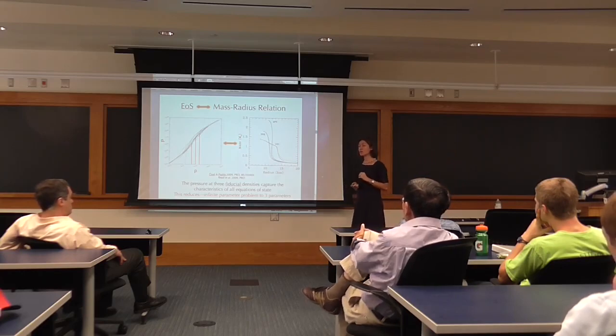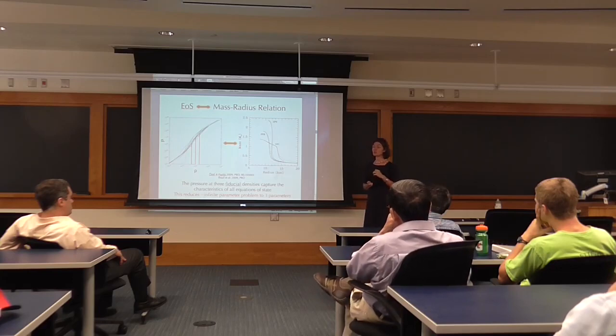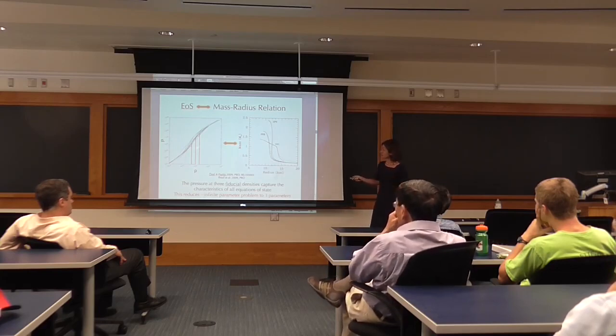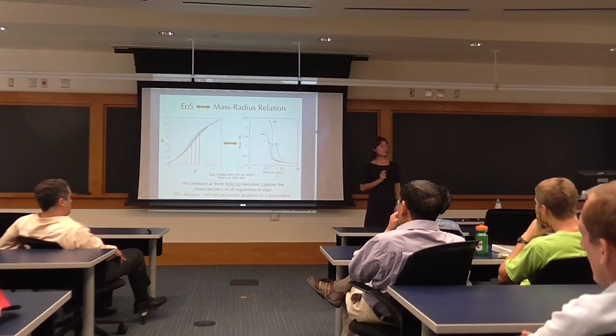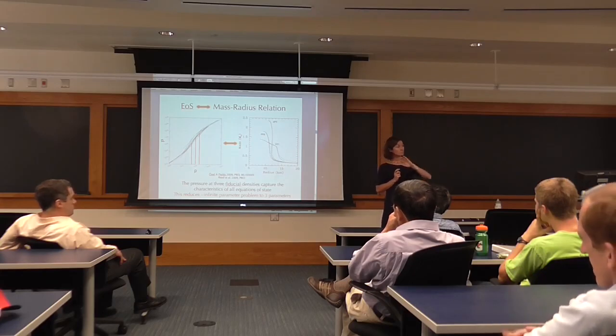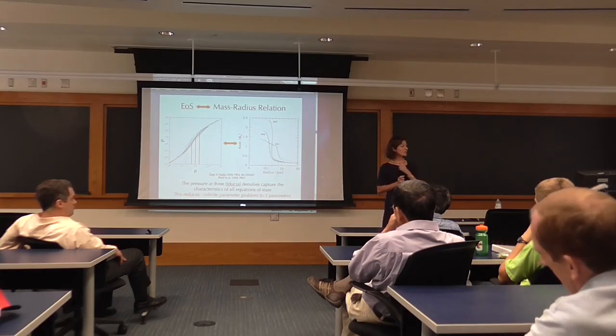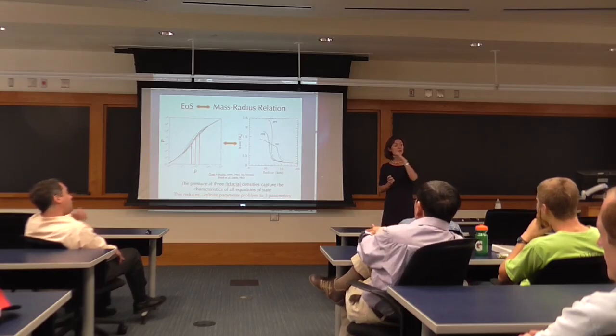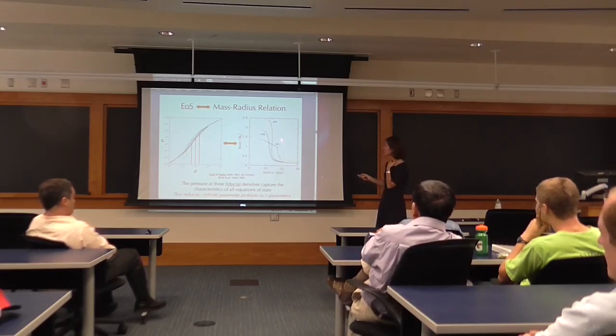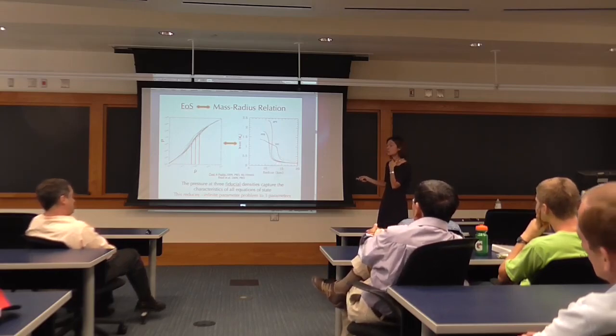It turns out that if you parameterize your equation of state in a smart way and just say, I know what's going on out here, if you just tell me the pressure here, here, and here, and I connect them by piecewise polytropes, and I solve my equations and get the mass radius relation for that limited knowledge of the equation of state and compare it with the full knowledge of the equation of state, I do extremely well.